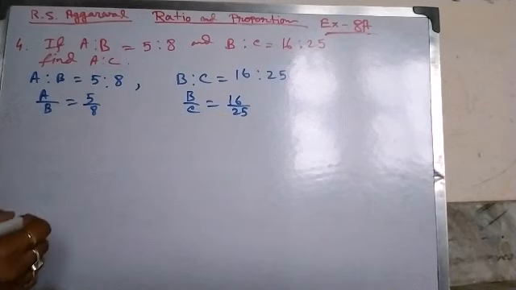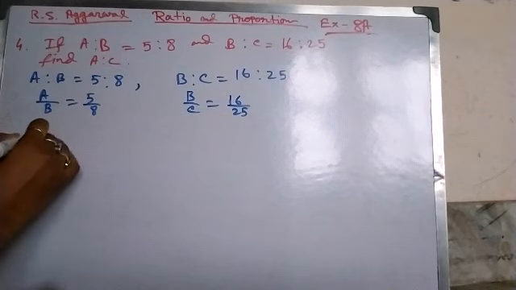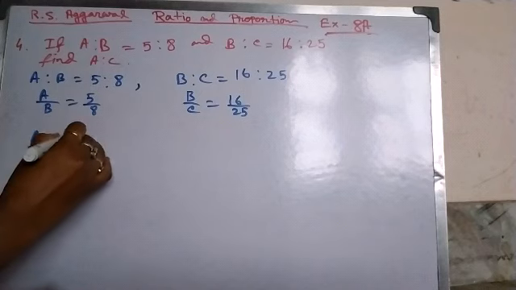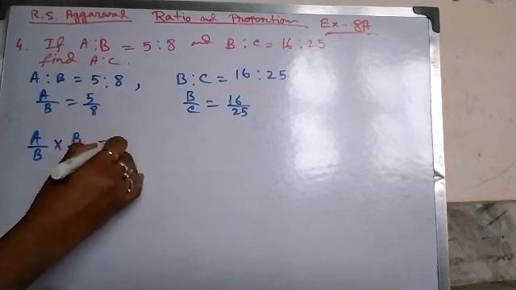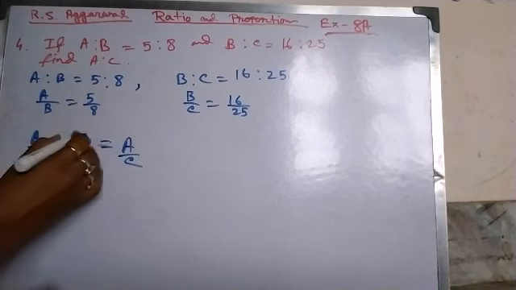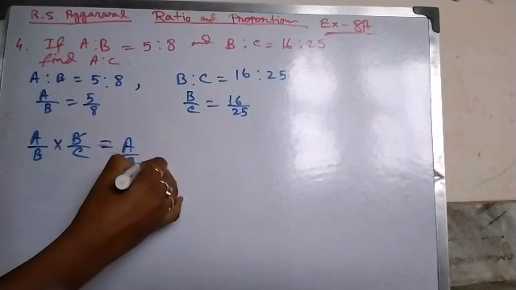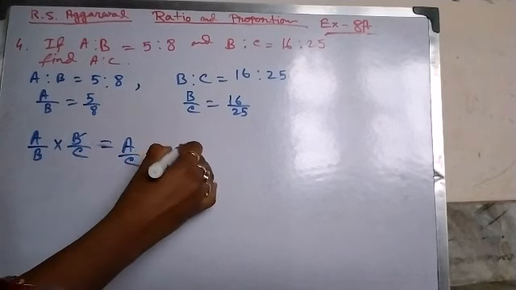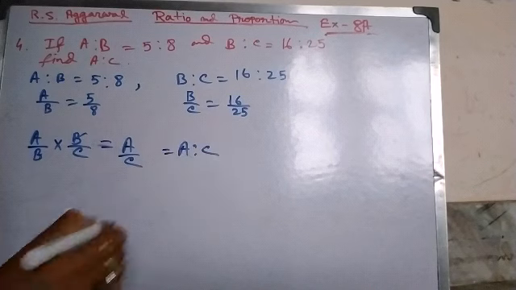Then if we multiply A by B into B by C, then B can be cut, so we will get A by C, and after that we will get actually A is to C.